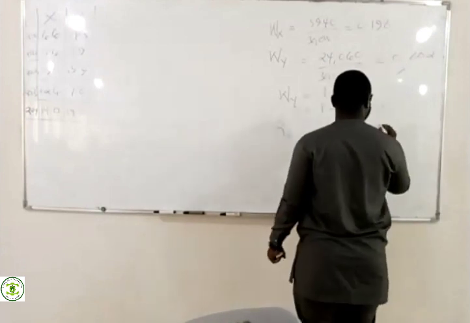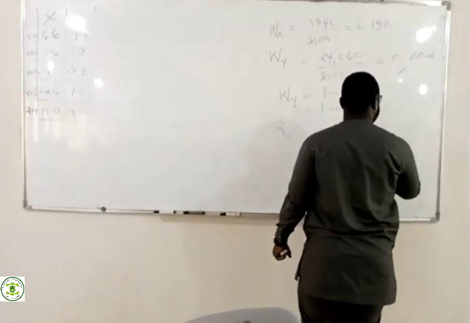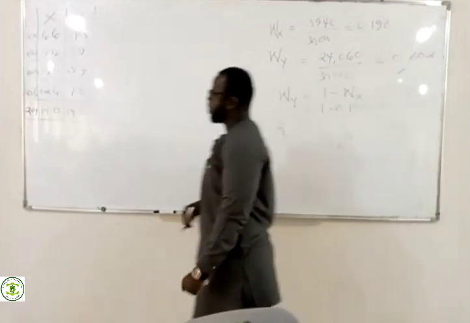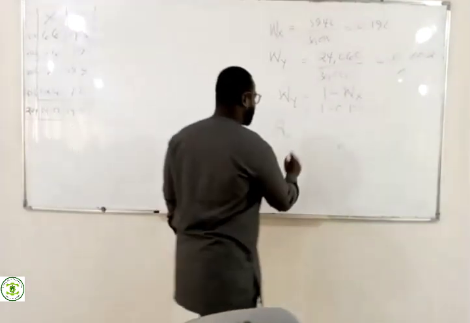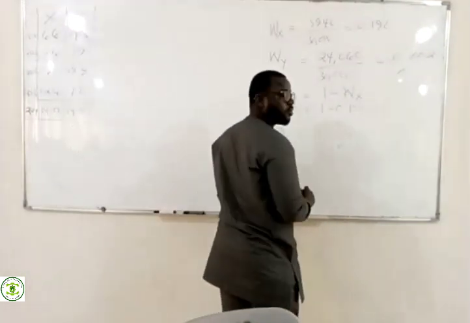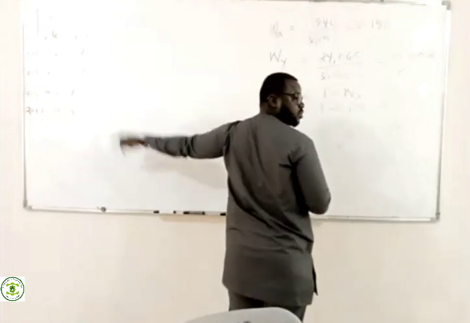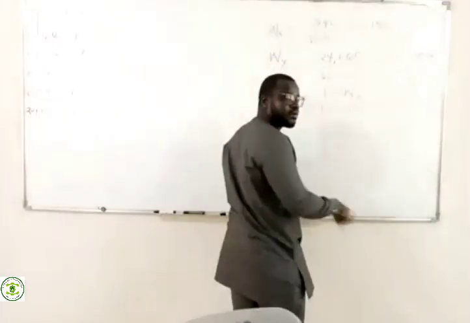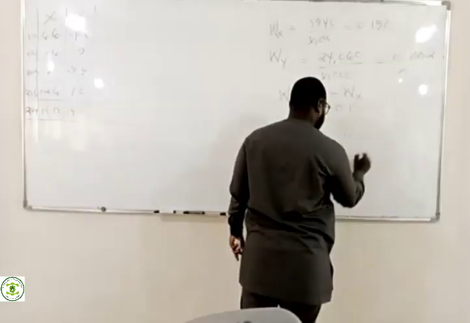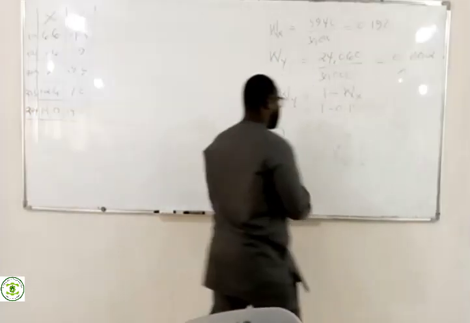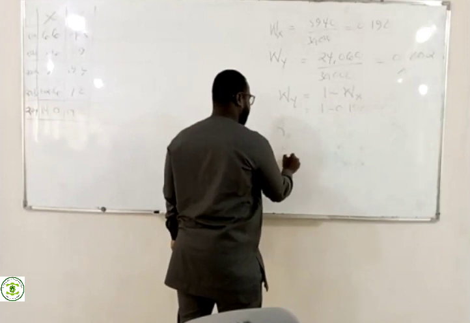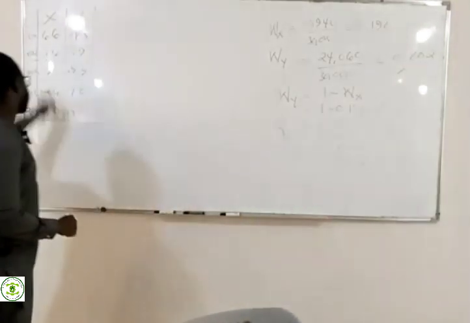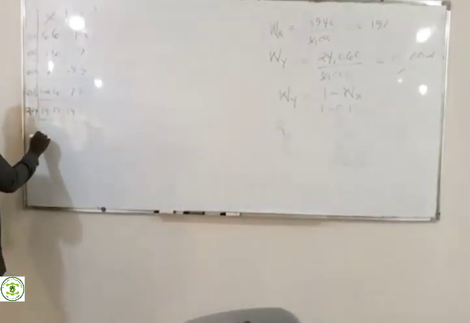Excellent. So 29.8 divided by 5 gives us 5.96. Remember, it is in percentage. So here we'll do the return.